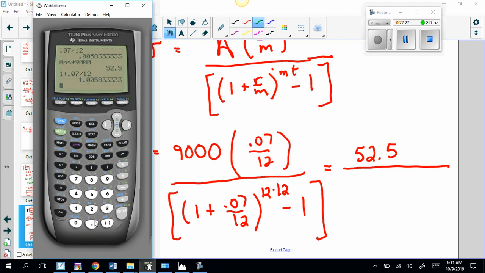Some of you will have to write 0.07 divided by 12 plus 1. Then you raise it to the 144, 12 times 12. Subtract 1.